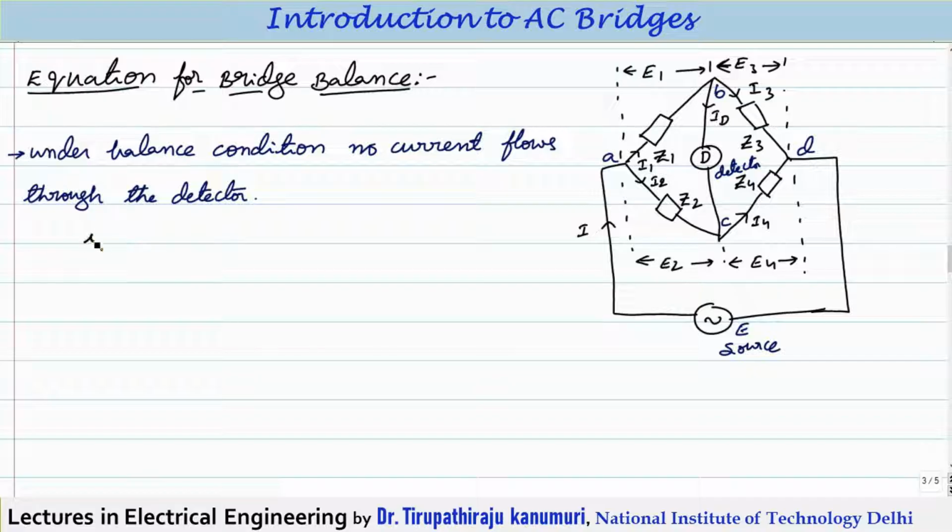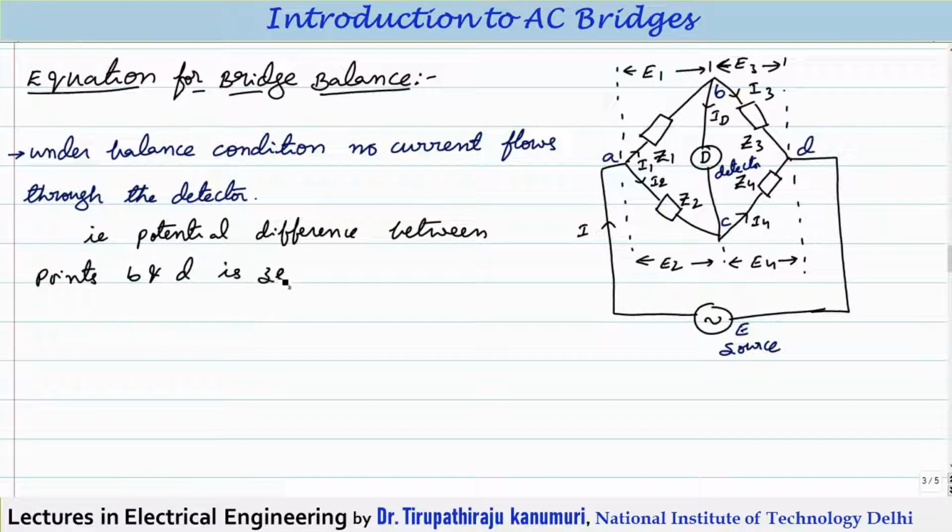So the same thing I am mentioning here, that the potential difference between points B and D is 0.